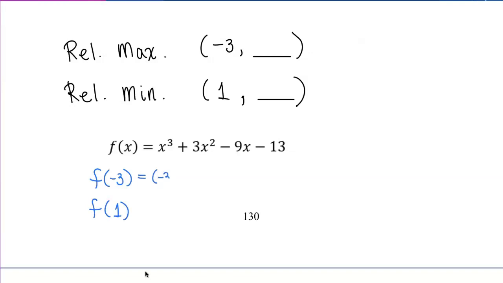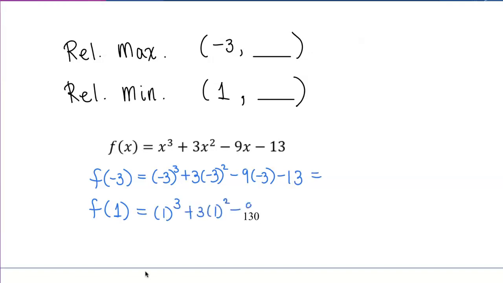So negative 3 cubed plus 3 times negative 3 squared minus 9 times negative 3 minus 13. The next one, I'll do 1 cubed plus 3 times 1 squared minus 9 times 1 minus 13.